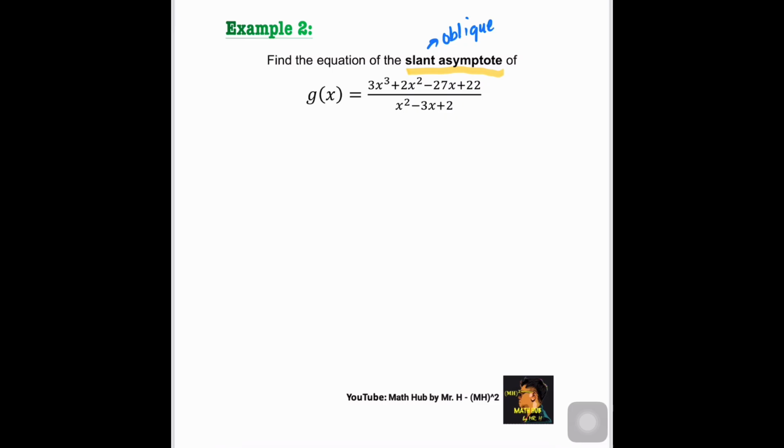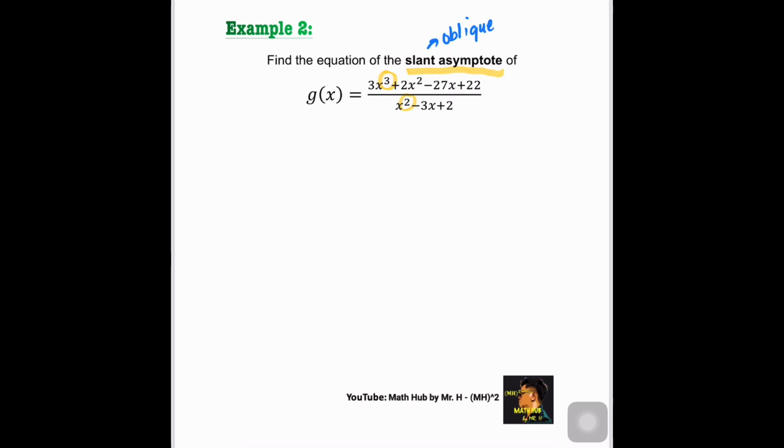So we're going to be looking at the degree, or the highest exponent, of the numerator and the denominator. For this example, if we look at the degree of the numerator, we can see that the degree is 3. That's the highest exponent. And in the denominator, the degree is 2.